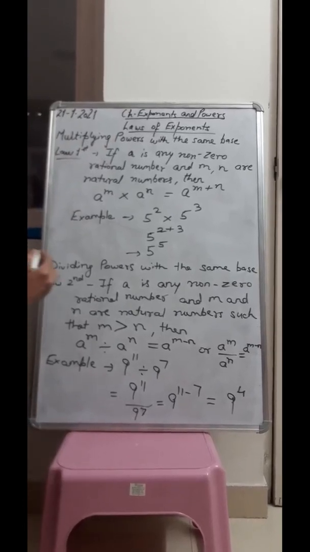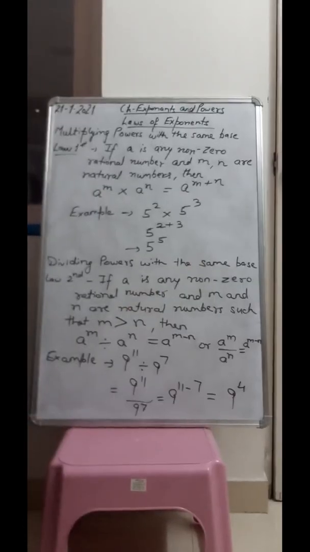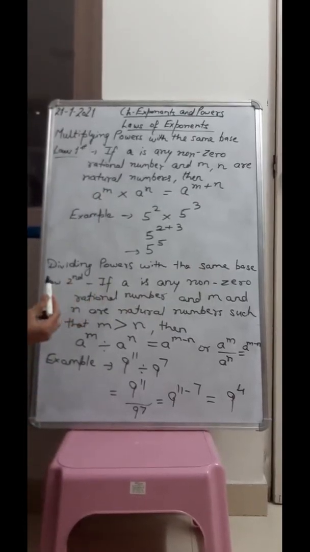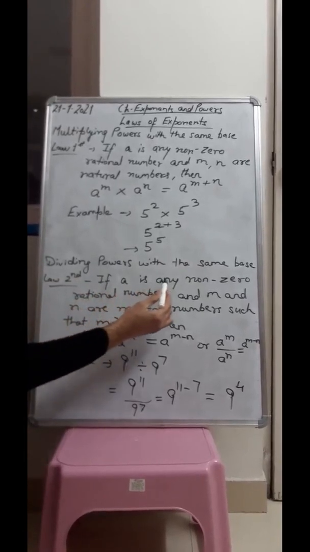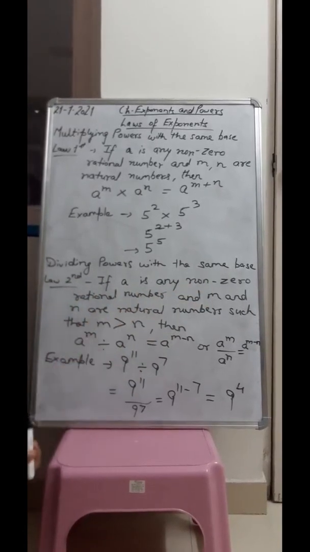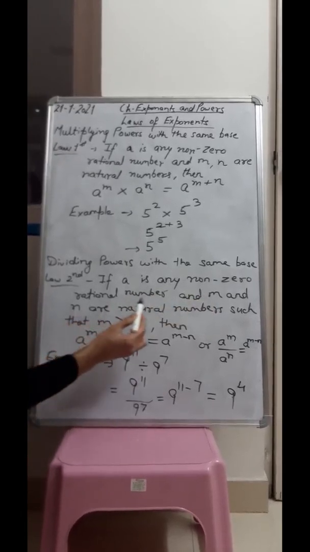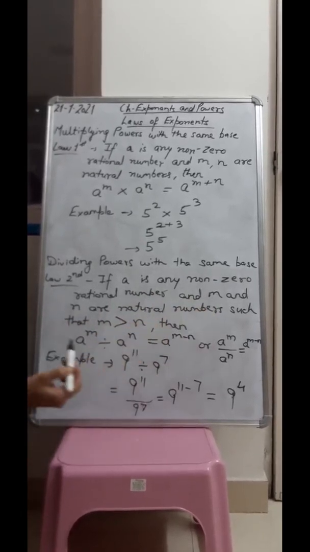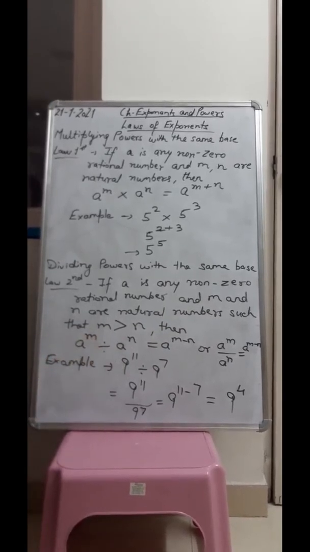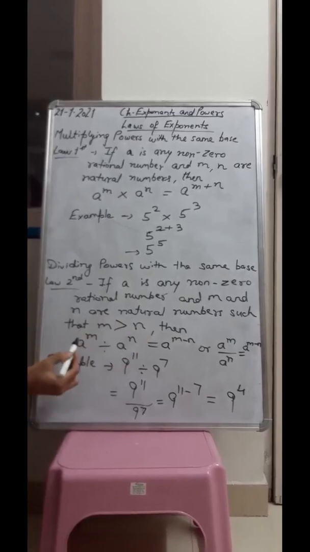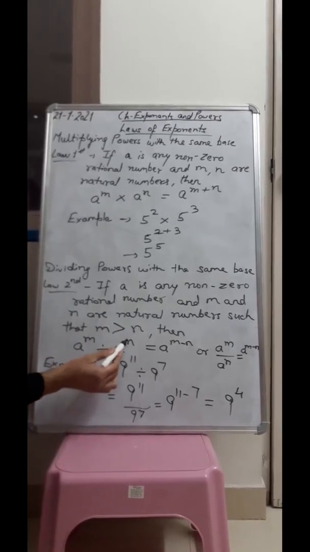Now the second, dividing powers with the same base. The second law says if a is any non-zero rational number and m and n are natural numbers such that m should be greater than n, then a raised to power m divided by a raised to power n.